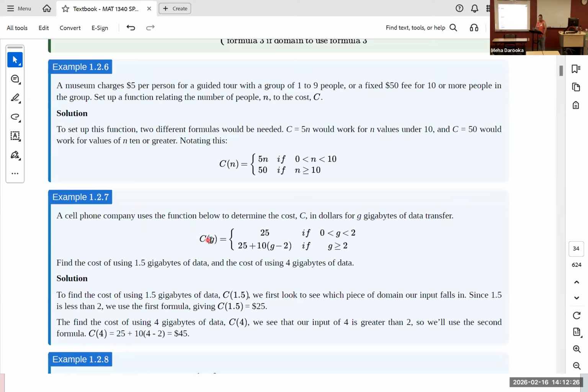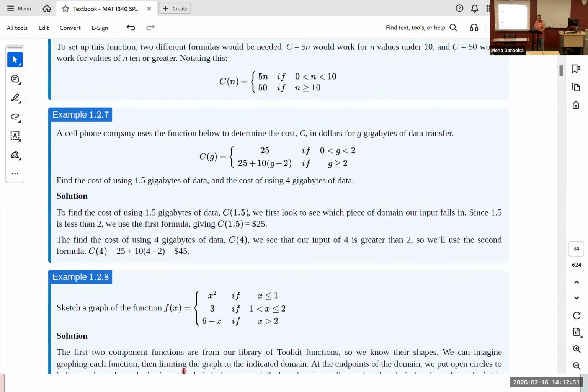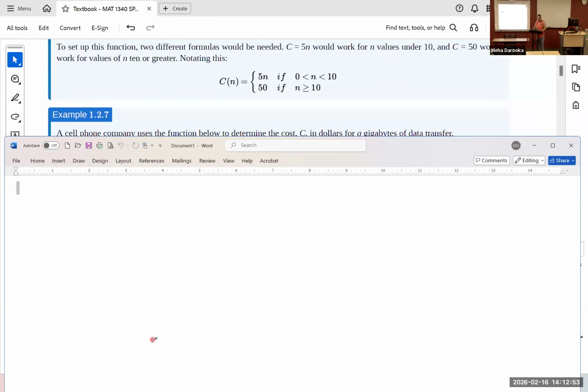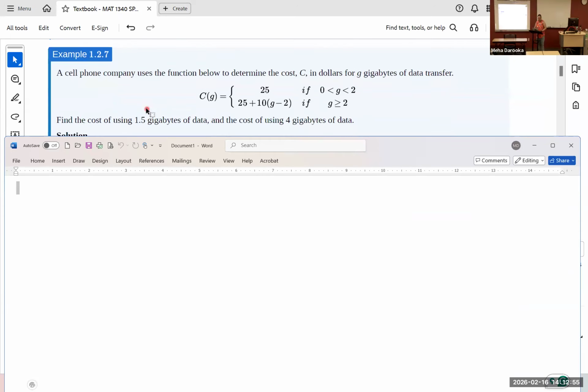So you can see over here, they're telling us C of G is equal to 25 if G is between 0 and 2, not including the endpoints, or C of G is equal to 25 plus 10 times G minus 2 if G is greater than or equal to 2. And they're asking us to find the cost of 1.5 gigabytes of data and the cost of using 4 gigabytes of data. So let's take a look at this.